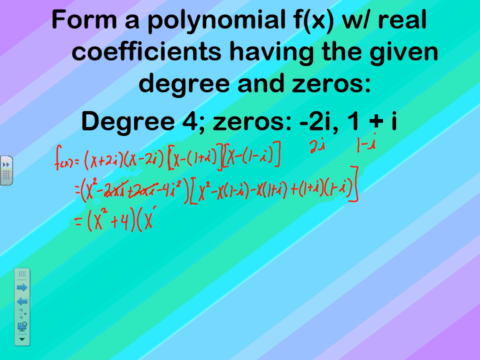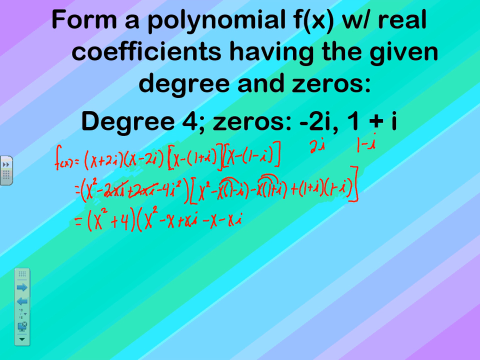So the x squared is just x squared by itself. Distribute the negative x into the first complex number, and we'll get negative x plus xi, and distribute the second negative x into the second complex number, and we'll get negative x minus xi, and then FOIL here.